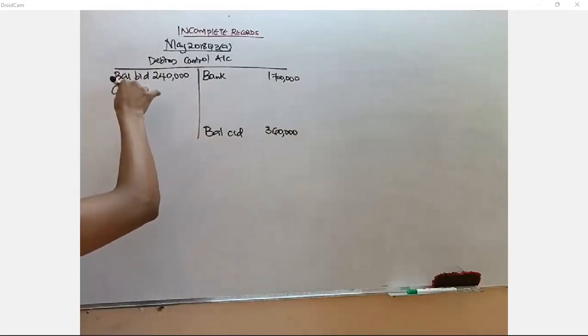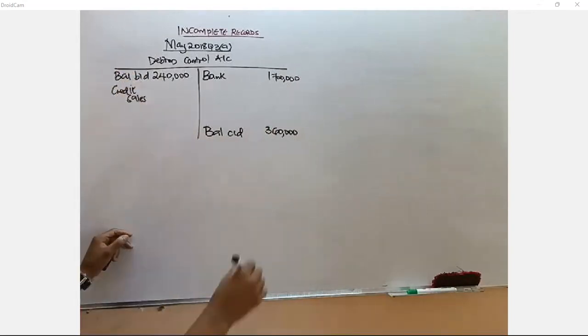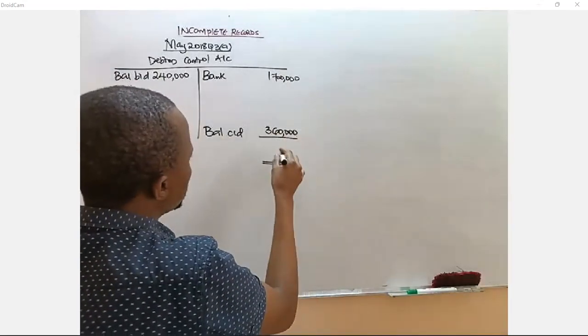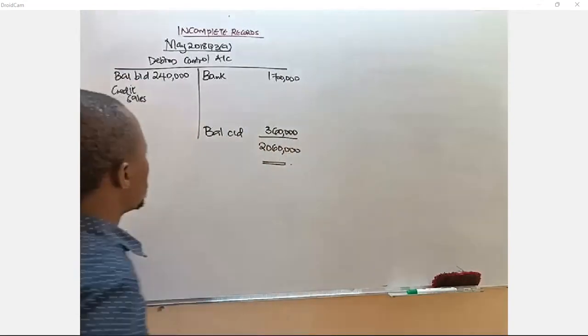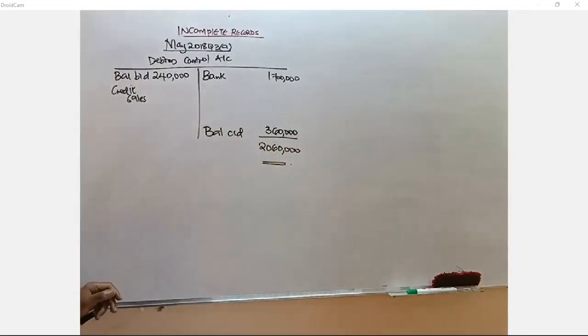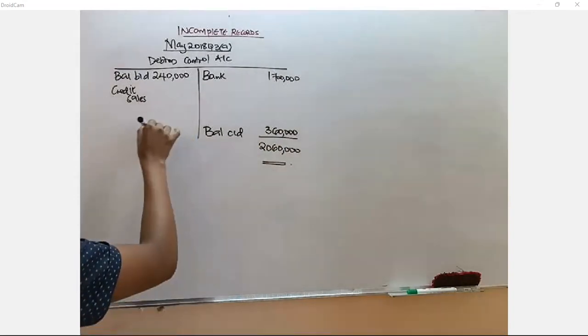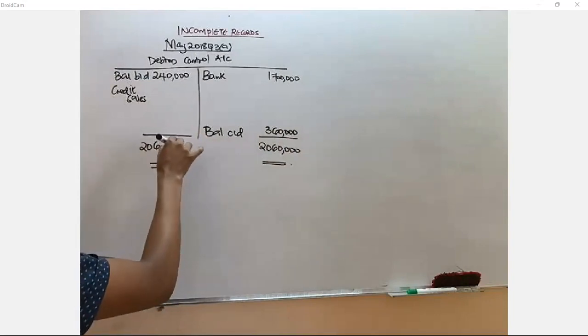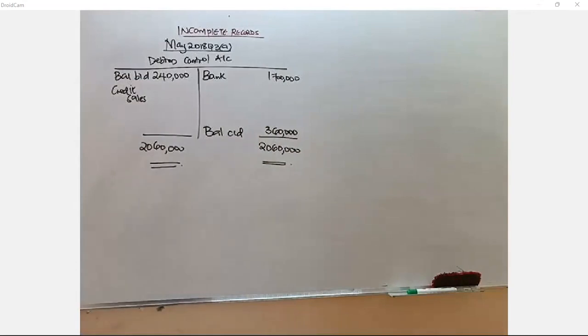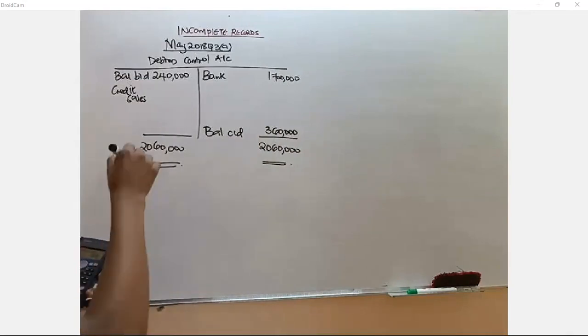So compute credit sales. Then I have to be taking the totals. So this one should be 260,000. When you subtract 240, you are supposed to be getting 20,000.